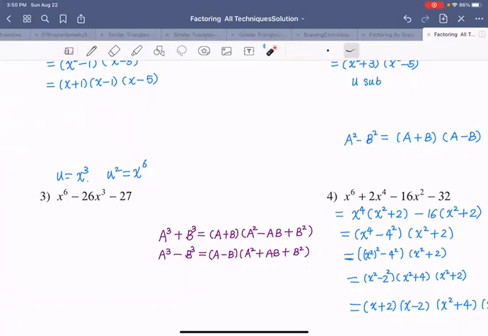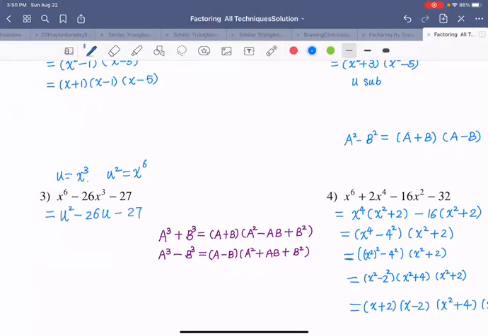Okay, all right. So we can replace this, and this becomes u squared minus 26u minus 27.